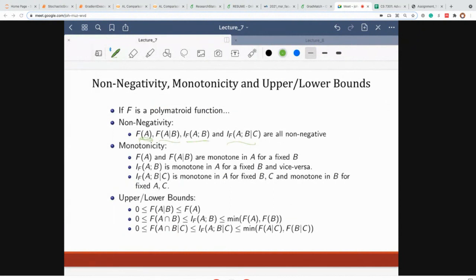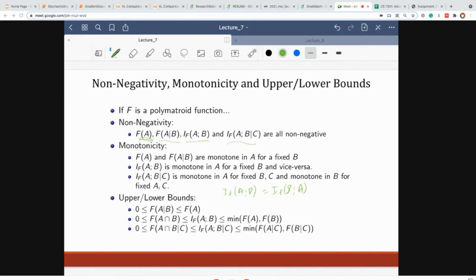So f of A and f of A given B are monotone in A for a fixed B. The joint information is monotone in A for a fixed B and vice versa. This is also symmetric, by the way, so if of A comma B is equal to if of B comma A. And if of A comma B given C is monotone in A for a fixed B and C, and similarly, it's monotone in B for a fixed A and C.